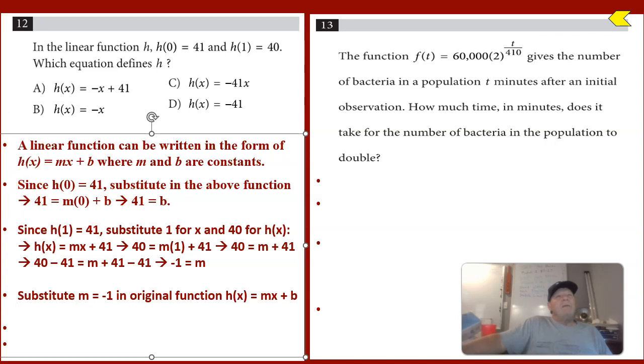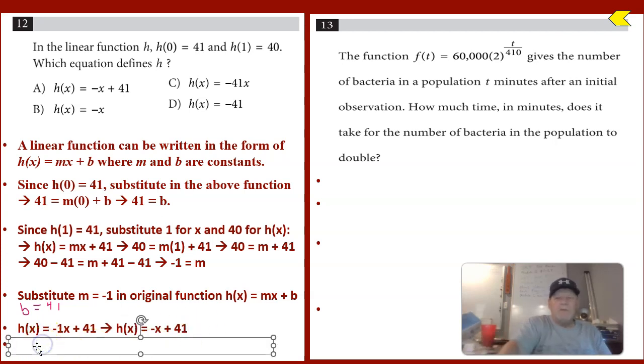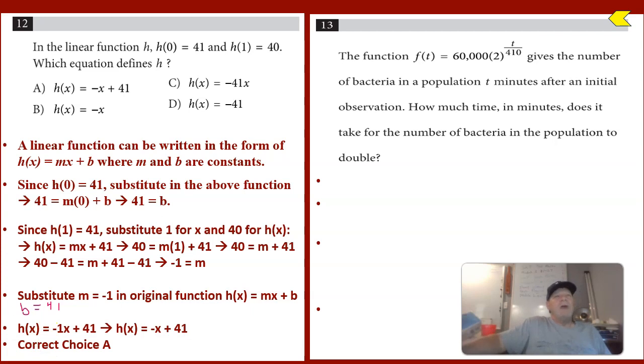I'm going to substitute that, get my function. So h of x equals negative 1x plus 41, and that negative 1 times x is negative x, and that would be choice A.